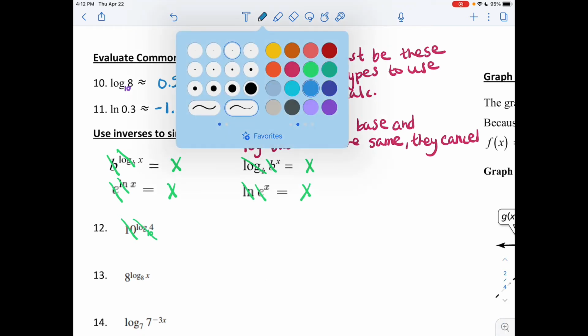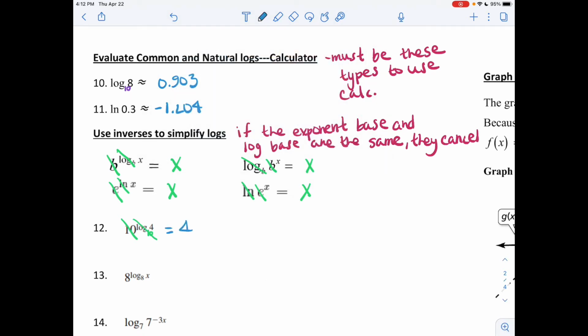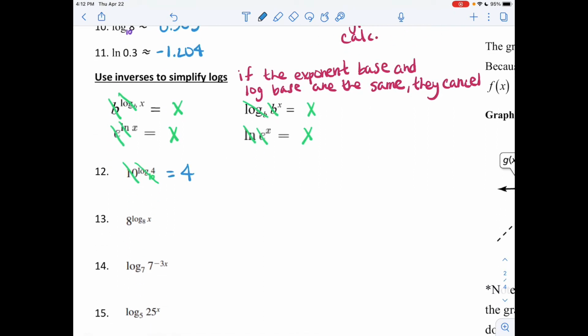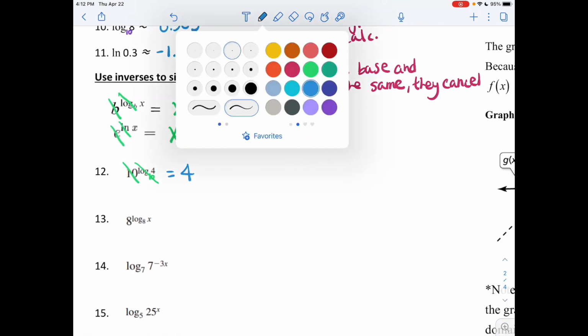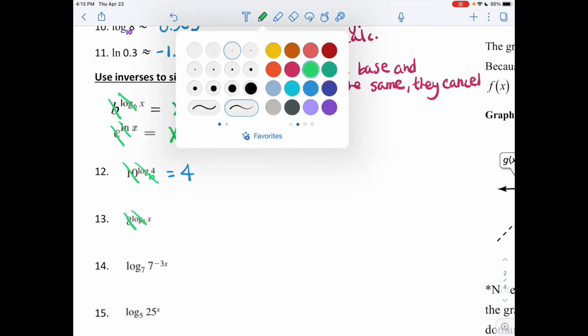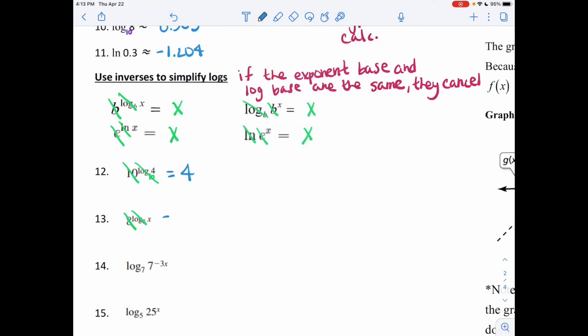Those will cancel, and I'm left with the 4. This next one, I have 8, and then I have a log base 8 of x, base of 8 cancel, and I am left with x.